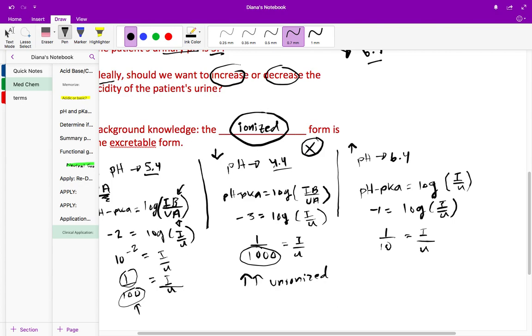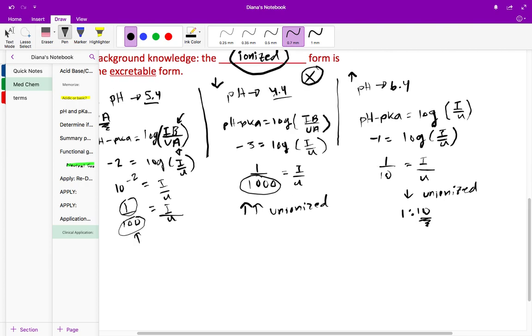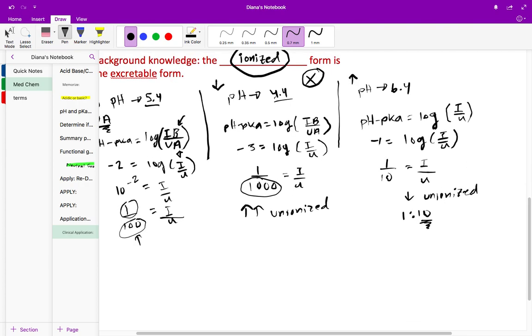And so in this scenario, compared to our baseline, we've actually decreased the amount of unionized. Right? So having 1 to 10, now we have less unionized, because 1 to 10 is ionized to unionized. Here we started with 1 to 100, where the 1 was ionized and the 100 was unionized.